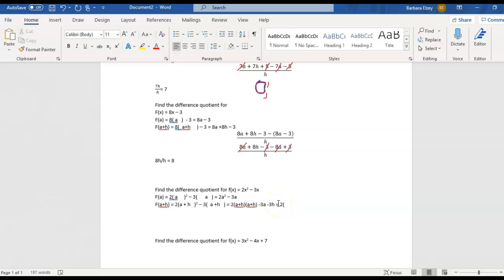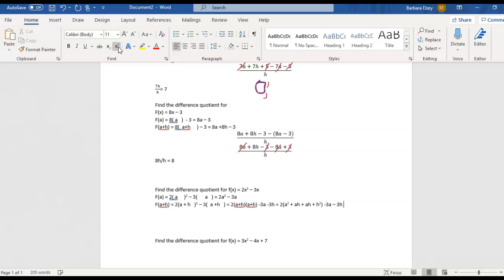So a times a, our first terms, gives us a squared. Our outside terms, a times the outside h will be ah. Our inside terms, h times the a, will be ah. And our last terms, h times h, will be h squared. And I still have my minus 3a and my minus 3h.